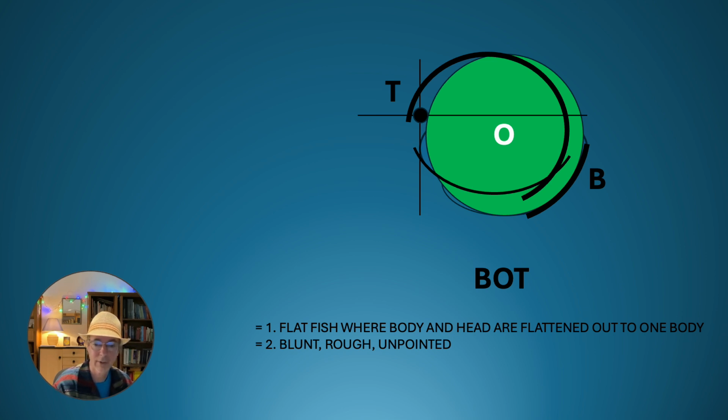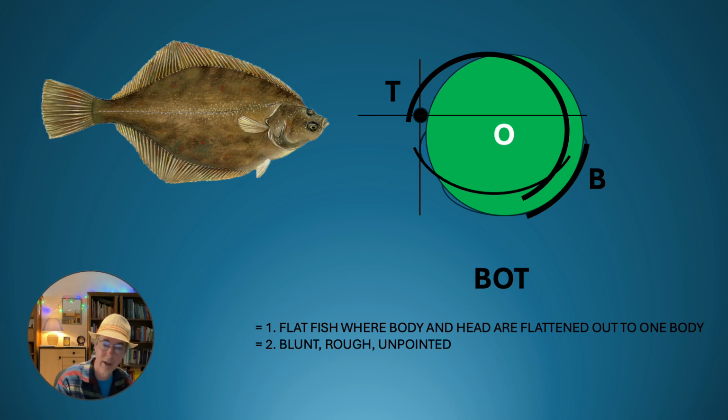The first meaning is a flat fish, where the body and the head are flattened out together, so that you can only see one body flattened together, let's say. Or it means blunt, rough, or unpointed.